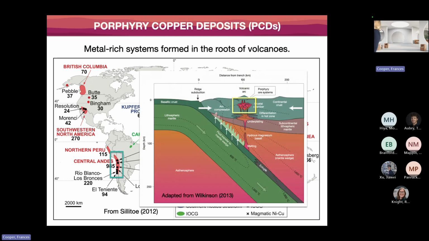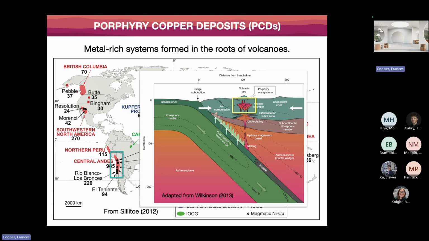So you can probably see from the spatial distribution of these deposits around the planet that they tend to form in convergent margin settings dominantly, and they are associated with subduction zones. And they essentially are a function of melting of material just above a subduction zone in the mantle wedge.